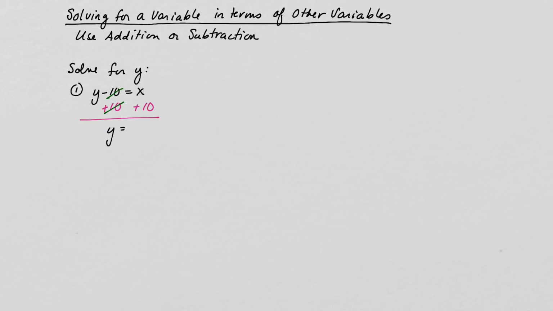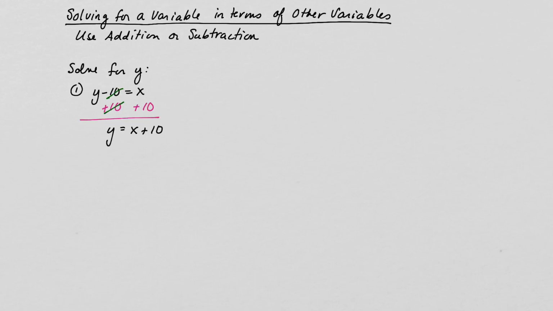And then on the right-hand side, I have an x and a 10. And so those are not like terms. I cannot actually put them together. There's nothing I can do besides write both of them down. So we're going to have x plus 10. And you'll notice I now have the variable y, the one I was looking for, all by itself. And that's what the goal was.